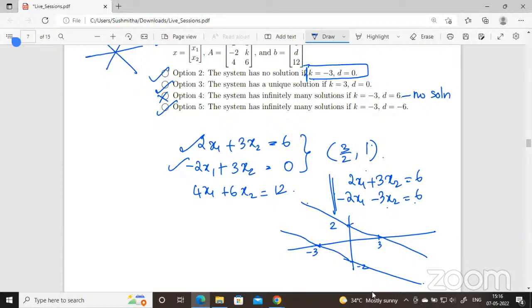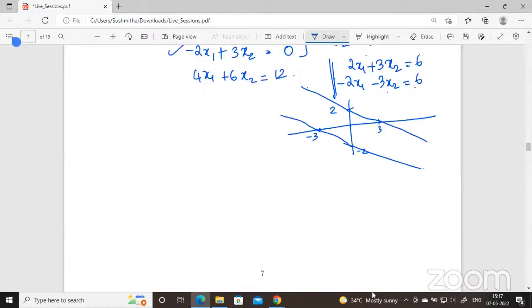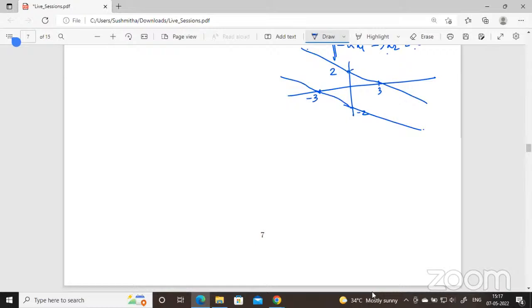Ma'am, can you just give an example of equations like you have just drawn, the graph of that? Ma'am, where we take 3 equations, for any 2 we will get a solution, but we will not get a common solution for all 3.